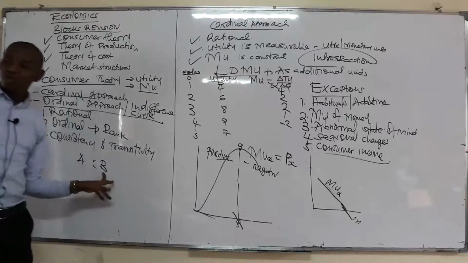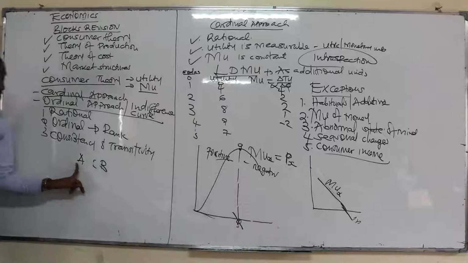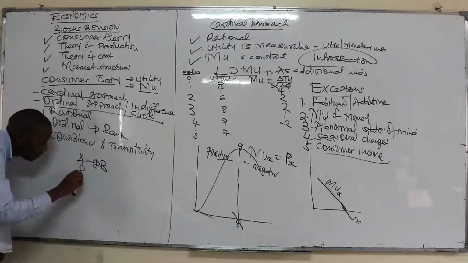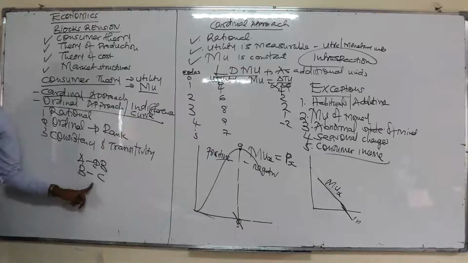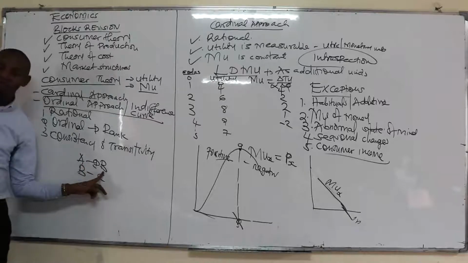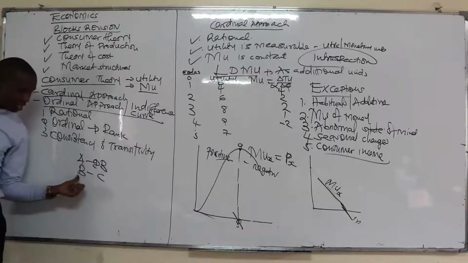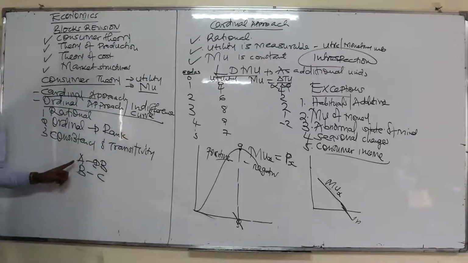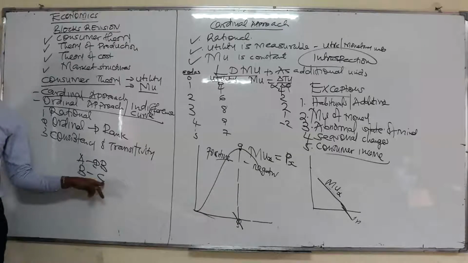Then we have what we call transitivity. Now, in this case, we have combination A over B. We may also have the combination B over C. So in this case, the transitivity is in here. If he was consuming combination A over B, and he is also consuming combination B over C, then the consumer will also be said to be consuming A over C. That is now the transitivity.